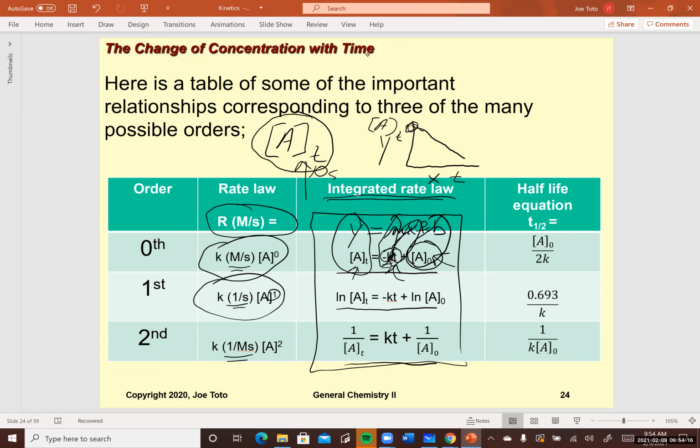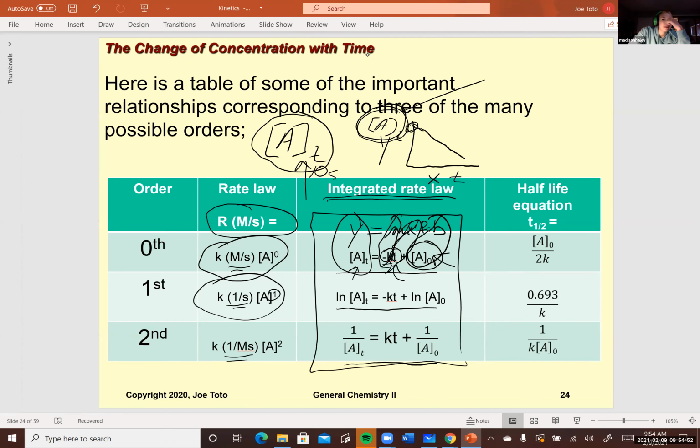So if I went to lab like the students did yesterday, and they set up an experiment that allowed them to track the concentration as time went on, then I could make a plot like this and see if it's linear, if it comes out to be a straight line. And if it does, then I know that for that particular reaction, the order is zeroth order.